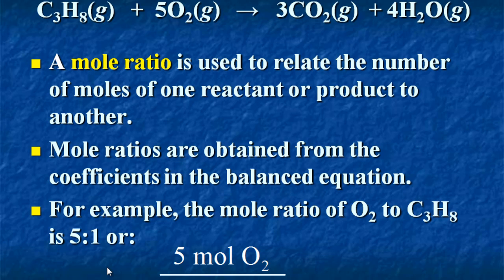And we said that the numerical coefficients mean the number of moles in the reaction, right? Or 1 mole of propane reacts with 5 moles of oxygen, producing 3 moles of carbon dioxide and 4 moles of water.